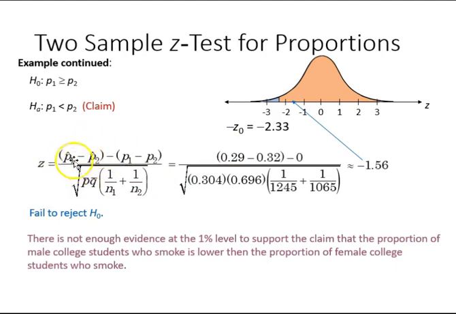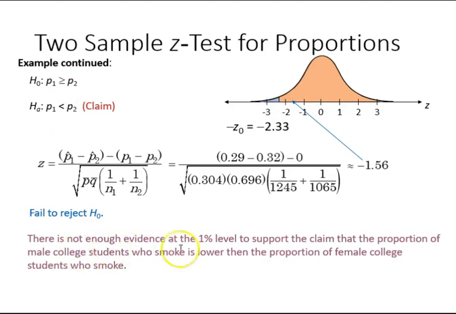Difference of proportions for the sample minus difference of proportions for the population. Again, we're assuming there is no difference there for our null, so that's just 0. And then down here in our denominator, our product of p bar and q bar times the addition of 1 over n1 plus 1 over n2. When we do that math, we get minus 1.56. We're not in the rejection zone, so we fail to reject the null.